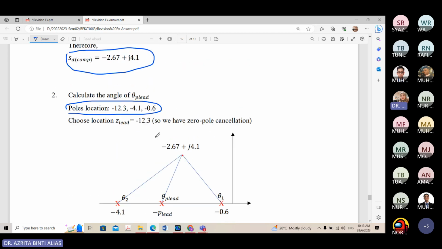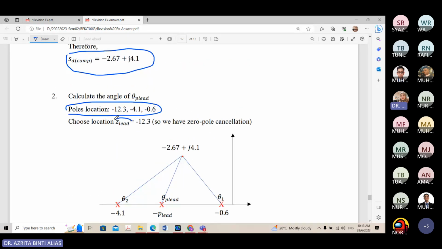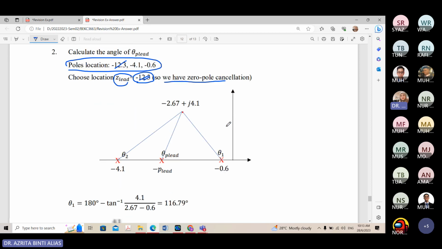Okay, so for this example, I choose my Z lead equal to minus 12.3, since I want to provide the zero pole cancellation. Okay, ataupun you boleh choose minus 4.1. So for this case, I choose minus 12.3. So we will have the zero pole cancellation.